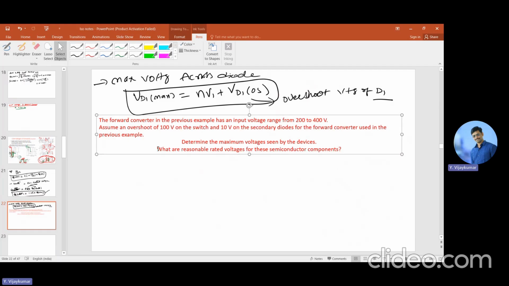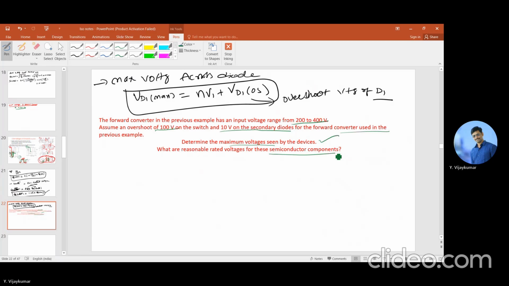The input voltage ranges from 200 to 400 volts. Assume the peak overshoot voltage is 100 volts on the primary side and 10 volts on the secondary side. Determine the maximum voltage seen by the devices and the required voltage ratings for the semiconductor components.